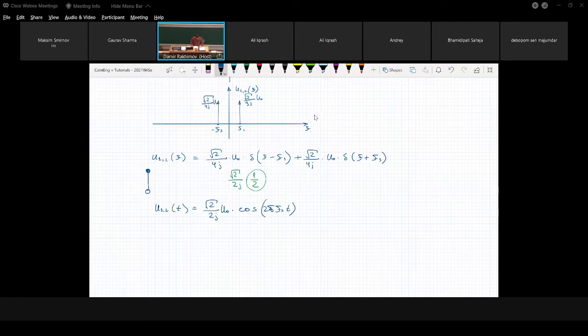Describe the signal in the low pass range: done. Find the equation: okay. And draw the spectrum. So we have everything.